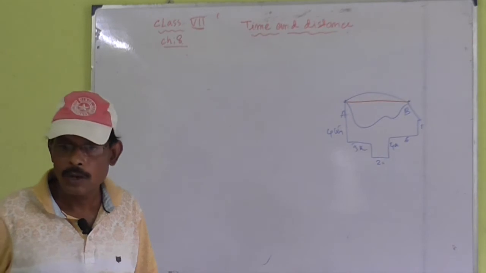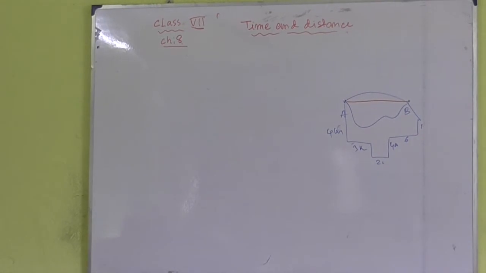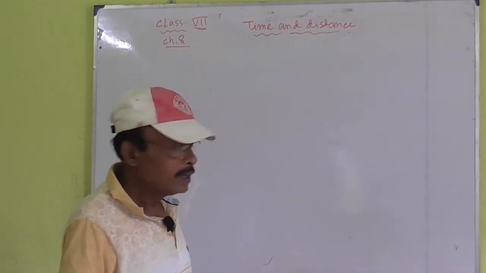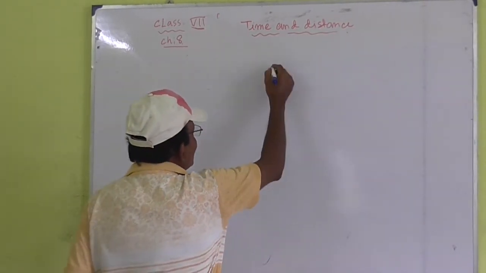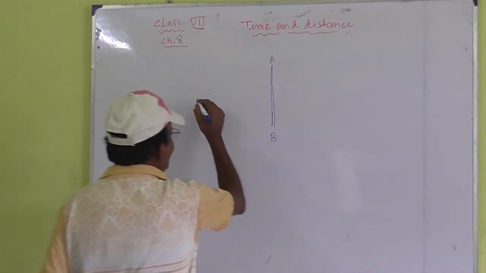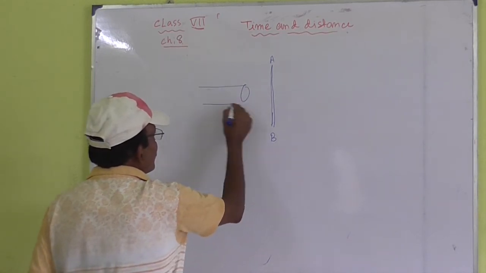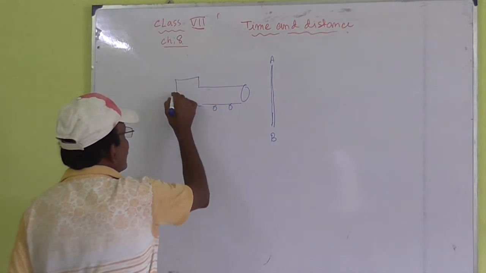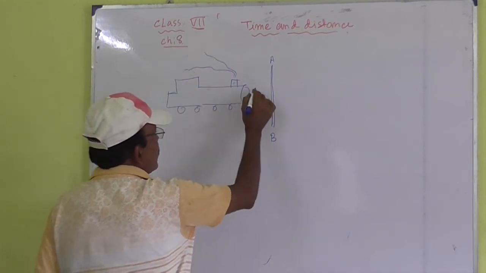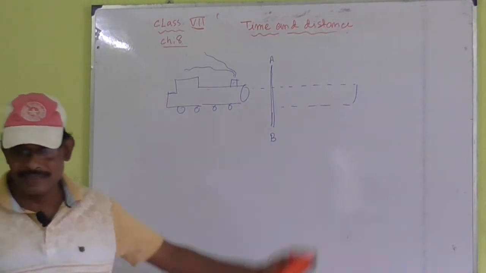Here, this is a telegraph post AB, and if a train passes the post, then it covers its own length.